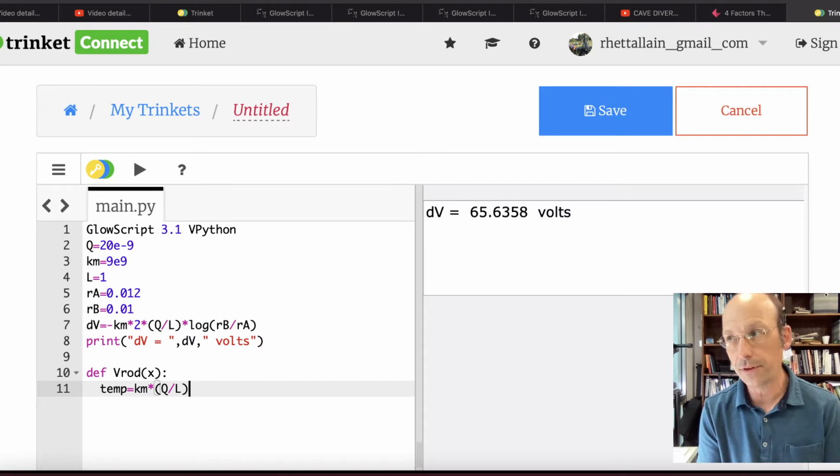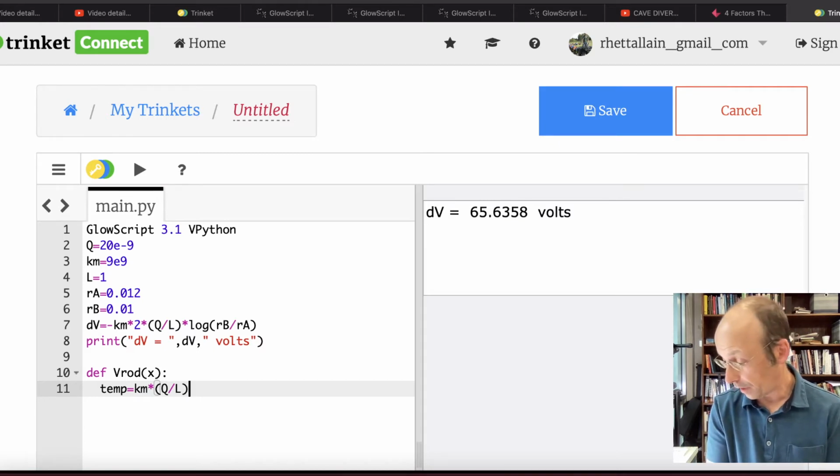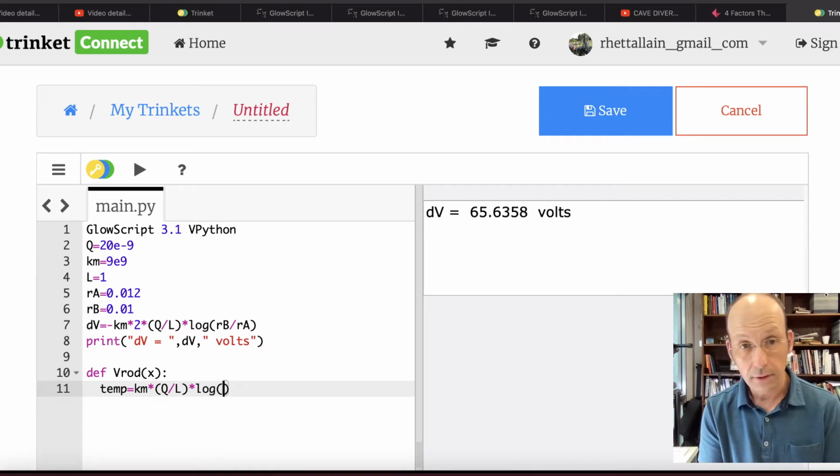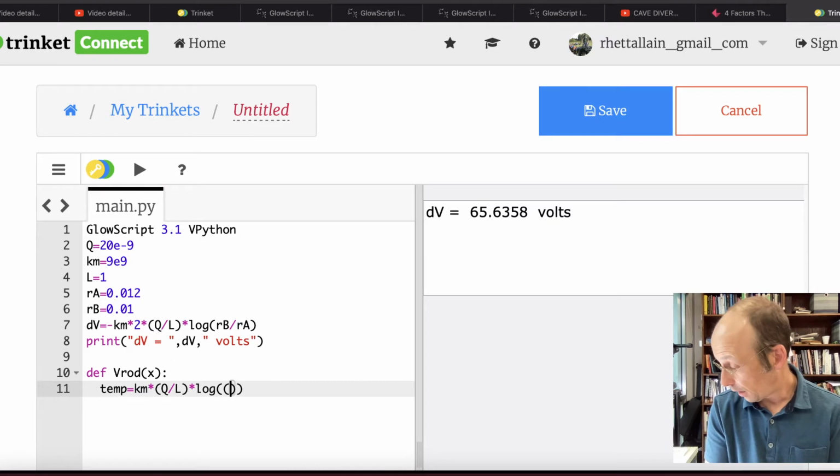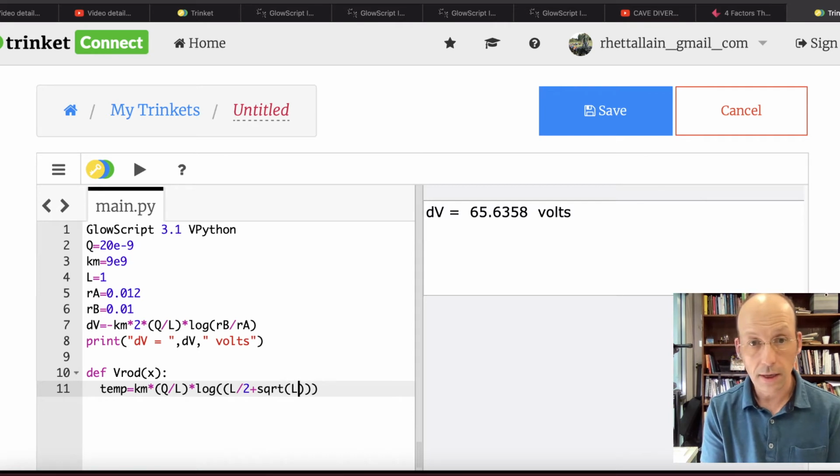And yes, I am using global variables, and I'm a bad person for that. I get it. Times the natural log of, on the top, I'm going to have L over 2 plus square root L squared divided by 4. I think that's L squared divided by 4, not L to 1/2.